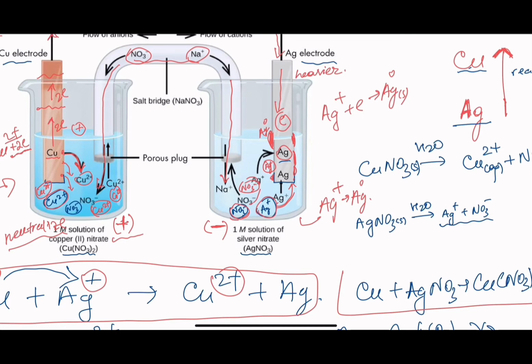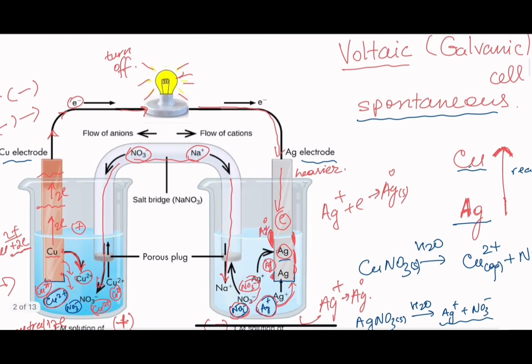This way we're going to have the electricity turning on again, because electrons are no longer attracted to a positively charged solution, so they're going to leave the solution again and make the light turn on.